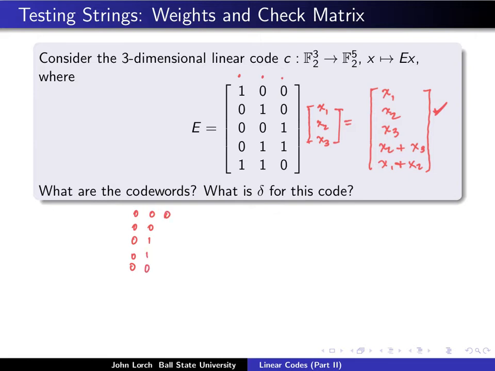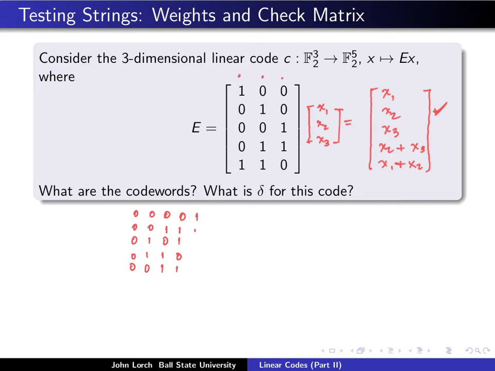If we have 0, 1, 0 for x1, x2, x3, then we get this code word. How about 0, 1, 1 for x1, x2, x3? Then this becomes this code word.